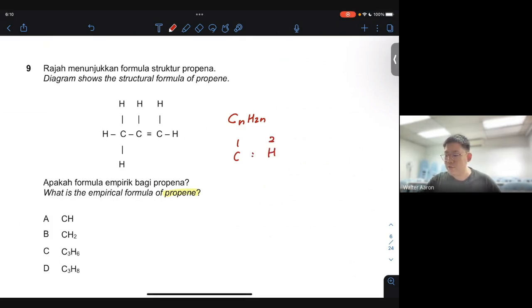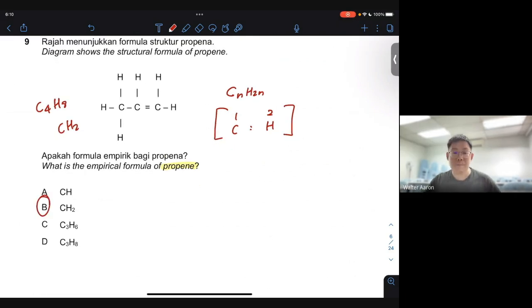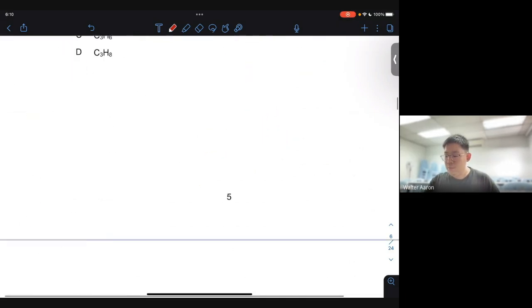So if we take a look at propene, the molecular formula of propene is C3H6. If we divide both by 3, you realize that the empirical formula is CH2. So it corresponds to the general formula, where the number of hydrogen atoms to carbon atoms is 2 to 1. So therefore the answer here will be B.